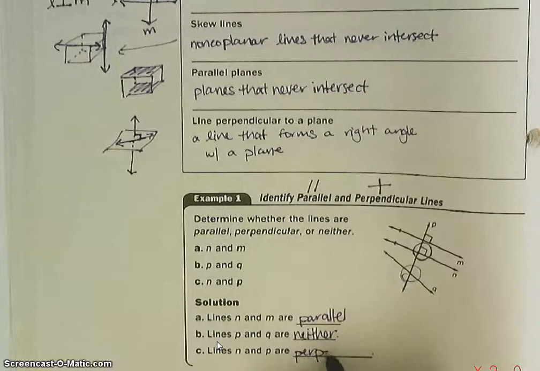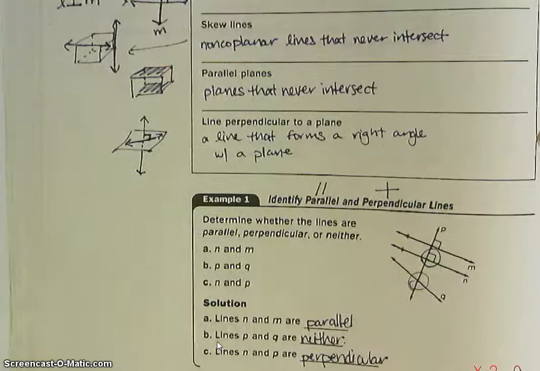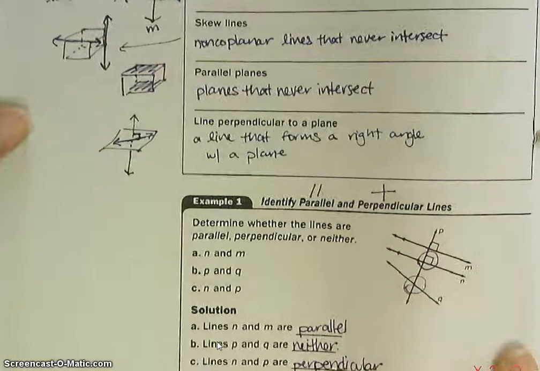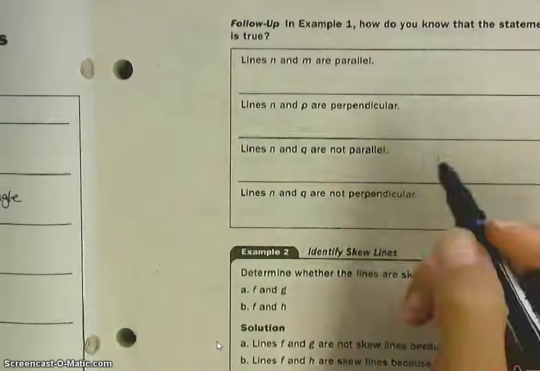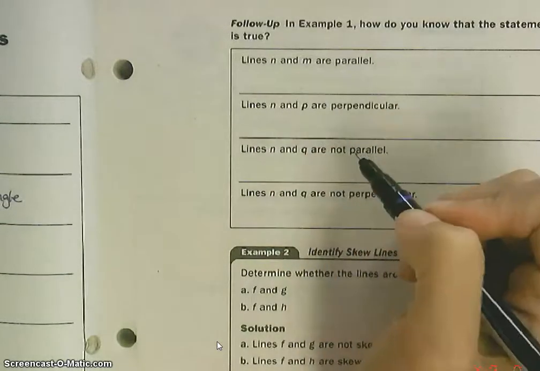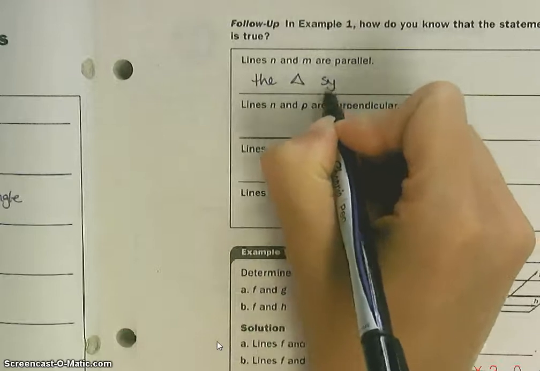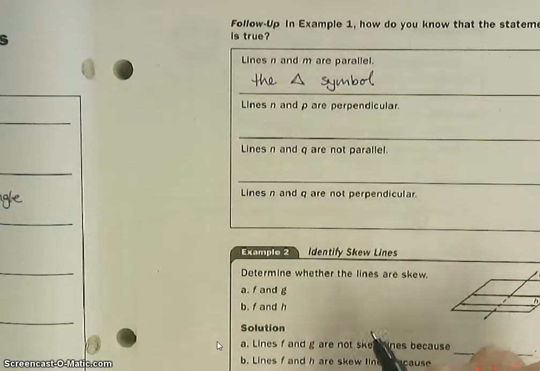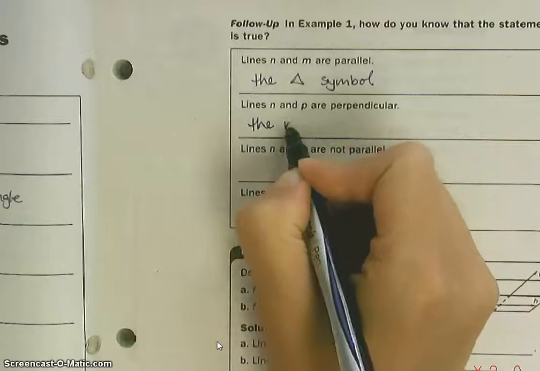That's perpendicular. The follow-up asks us, how do we know those statements are true? How do we know that M and N are parallel? Well, they never touch and they have those little triangles on the lines. The triangle symbol tells us they're parallel. How do we know N and P are perpendicular? The right angle symbol.